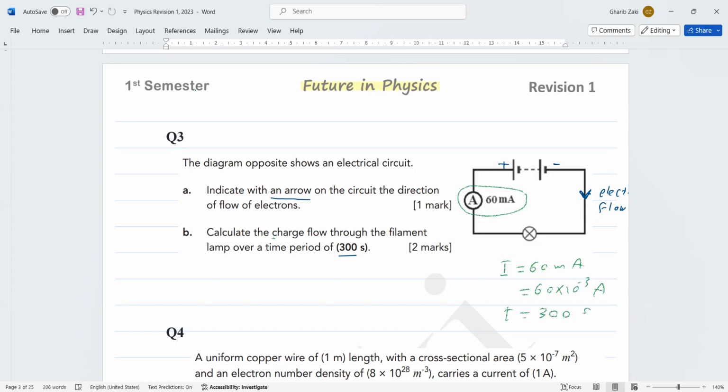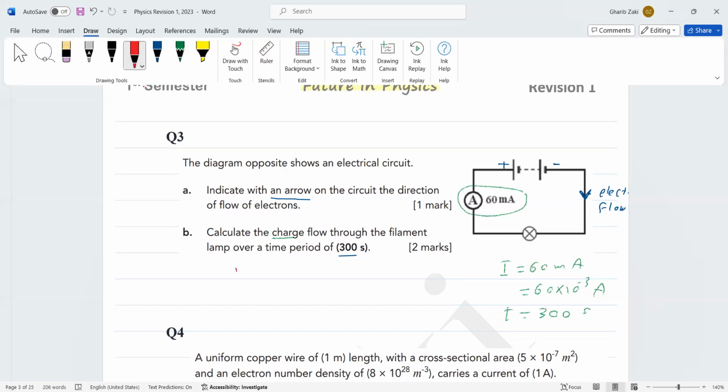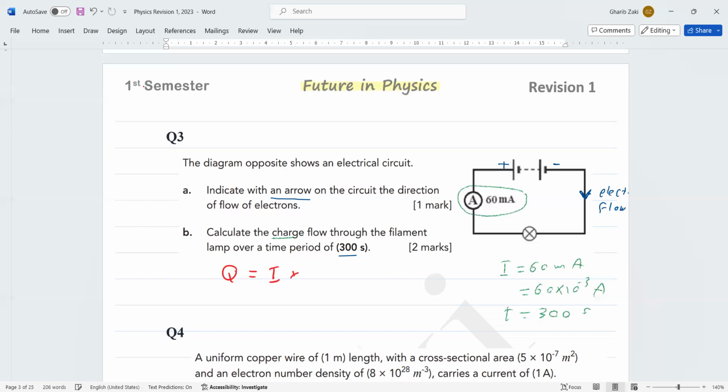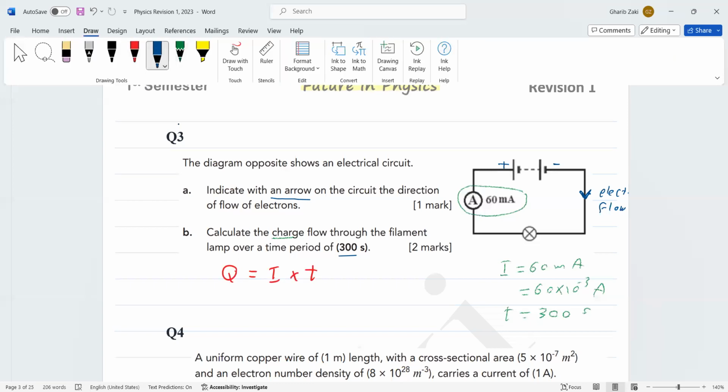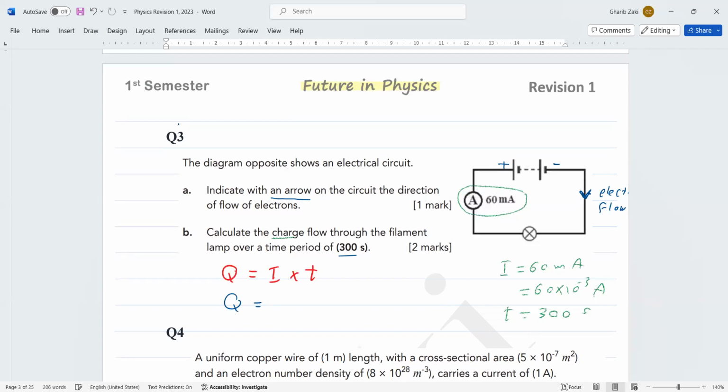What is the required charge? Charge Q equals I multiply T. This is the formula that we need to use. So the charge equals 60 multiplied by 10 to the power negative 3, multiplied by 300. The answer will be 18, and remember the unit, coulomb.